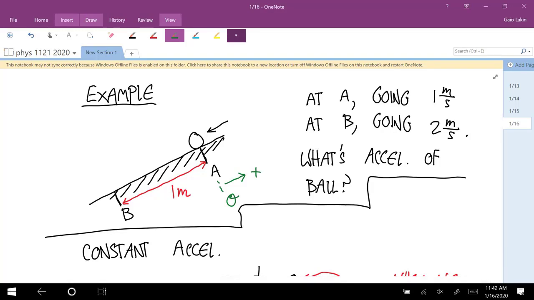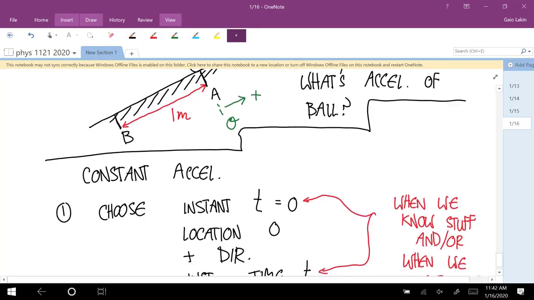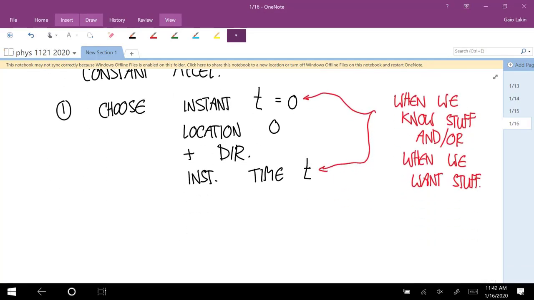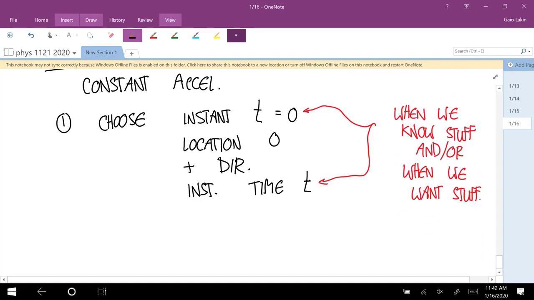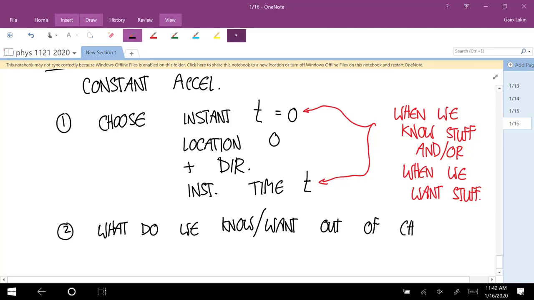Okay, so based on that, let's think about the information that we know. So what do we know and want out of our checklist of possible variables?